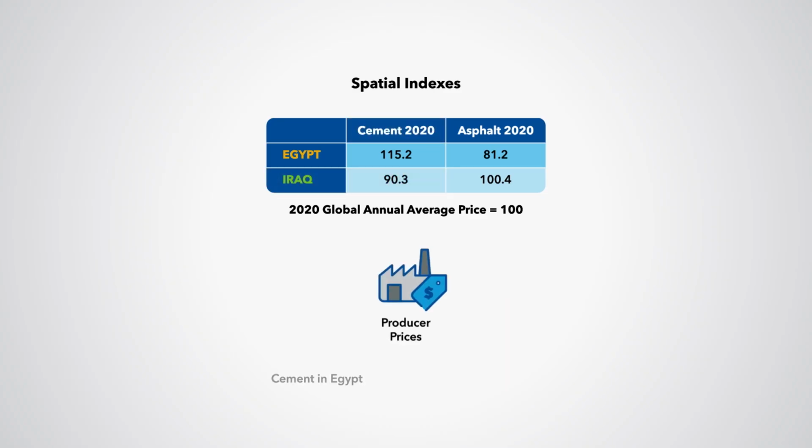Therefore, prices for cement purchased in Egypt in 2020 were higher than prices for cement purchased in Iraq in 2020. The spatial indexes do not, however, tell us anything about how prices for cement and asphalt changed in either country between 2020 and any other time period.